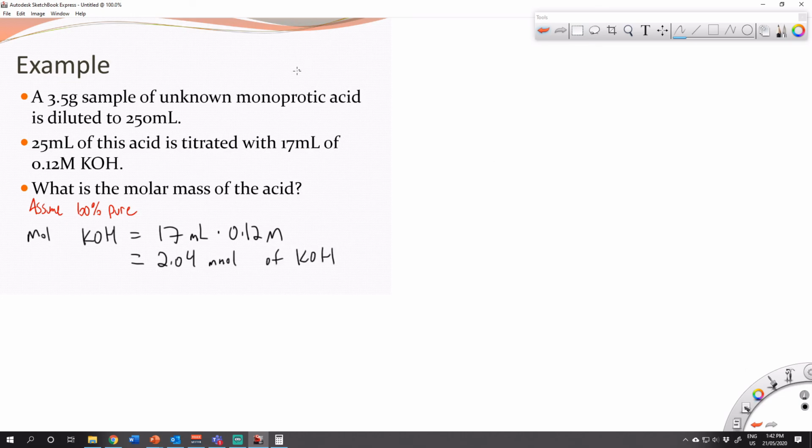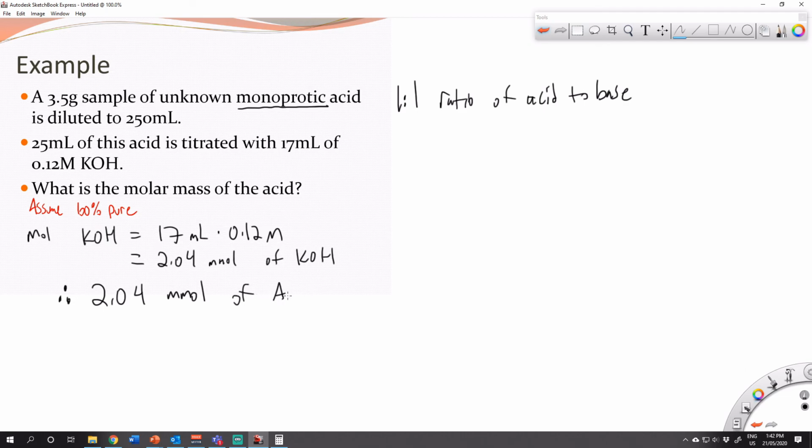Now the monoprotic part is really important, because monoprotic means basically a 1-to-1 ratio of acid to base. So if I have 2.04 millimoles of our base, the potassium hydroxide, then we have 2.04 millimoles of the acid in 25 milliliters.